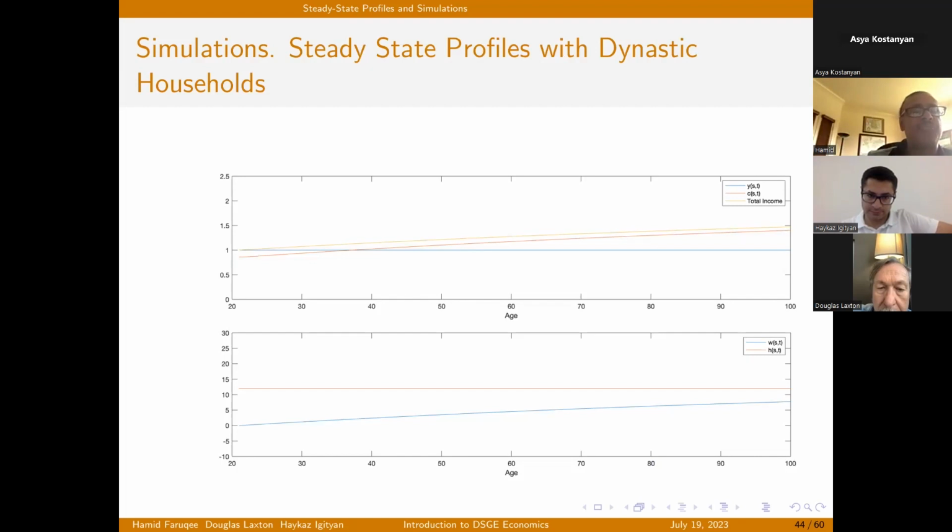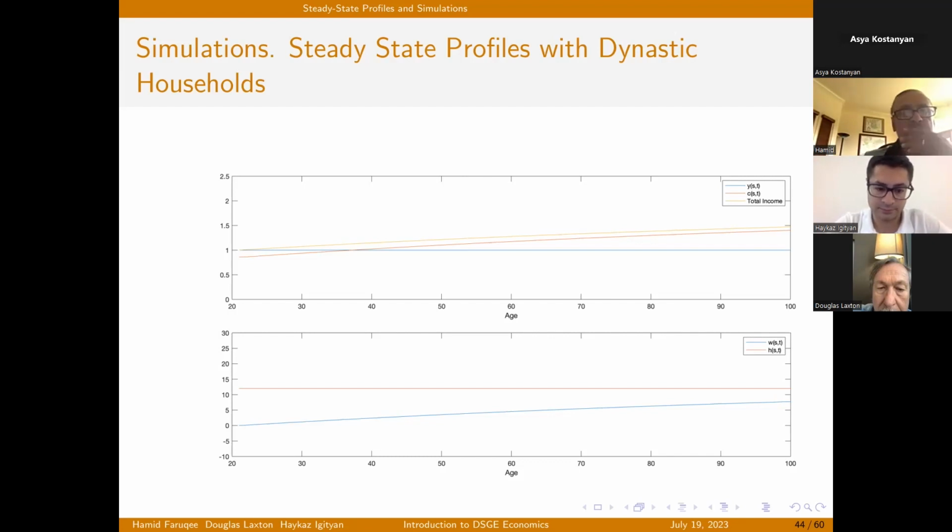So you have this feature of the model where the age of the agent will make them look different with respect to the levels of some of these key variables, even if other variables like, say, labor income look the same. There's enough heterogeneity with the OLG framework where other features will make agents look different from one another.